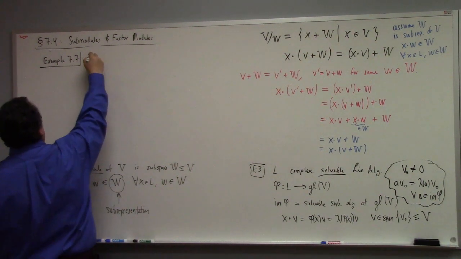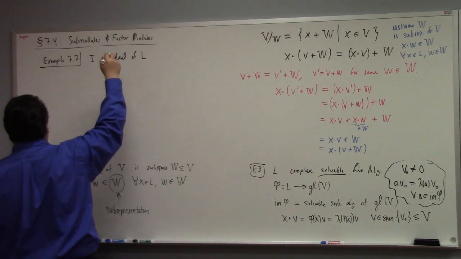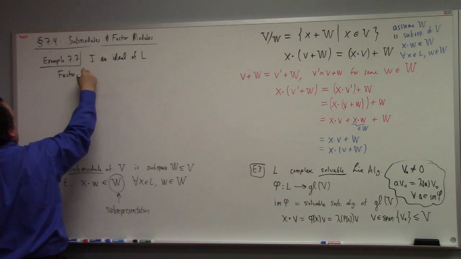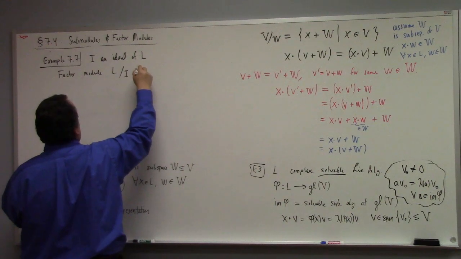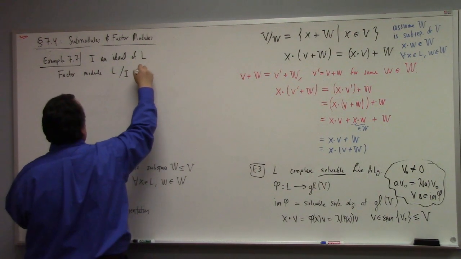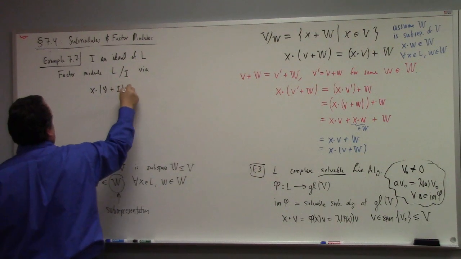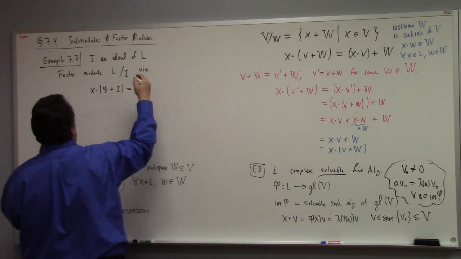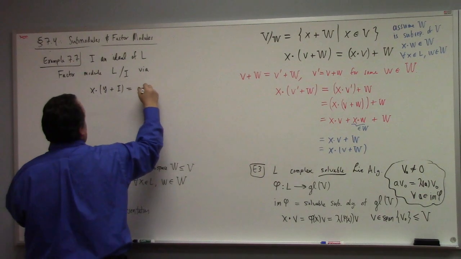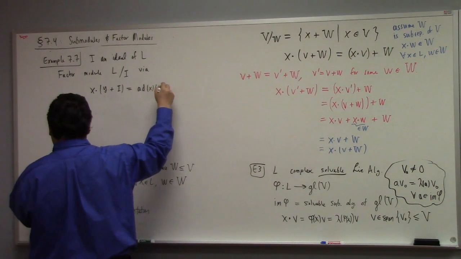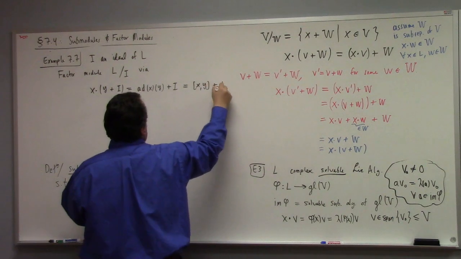So I an ideal of L, then the factor module L mod I. Here we're talking about the adjoint of X acting on Y plus I, which is explicitly the bracket of X, Y plus I.